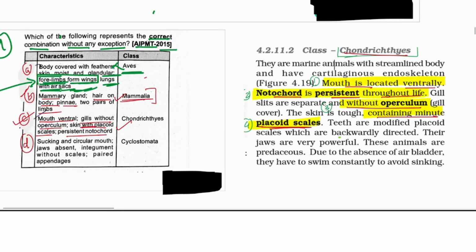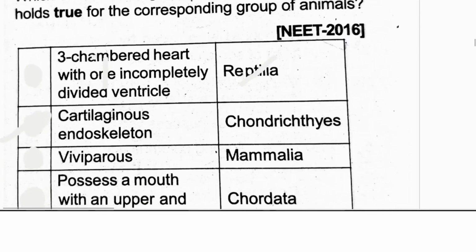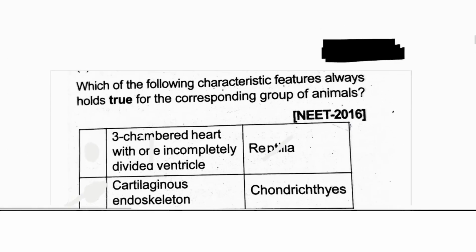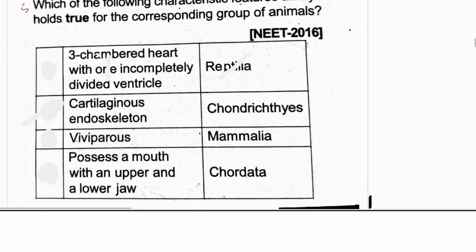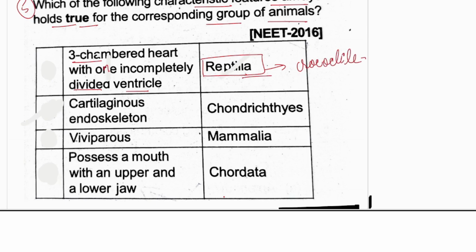Okay, now let's see question number 5, again a matching question. Question number 5: which of the following characteristic features always holds true for the corresponding group of animals? Three-chambered heart with incompletely divided ventricles, that is for reptiles, but the exceptional case is the crocodile, which is not mentioned here, and they are asking what always holds true for the corresponding group.